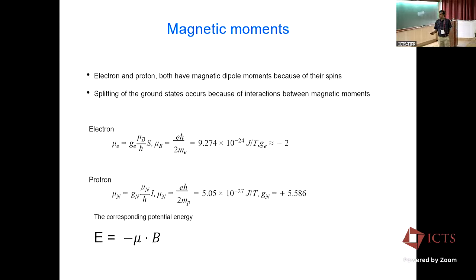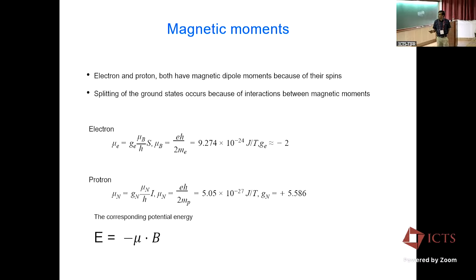Now, because of this interaction between the magnetic moments of the electron and proton, the corresponding potential energy is E equal to minus mu dot B, where mu is the magnetic moment and B is the magnetic field.